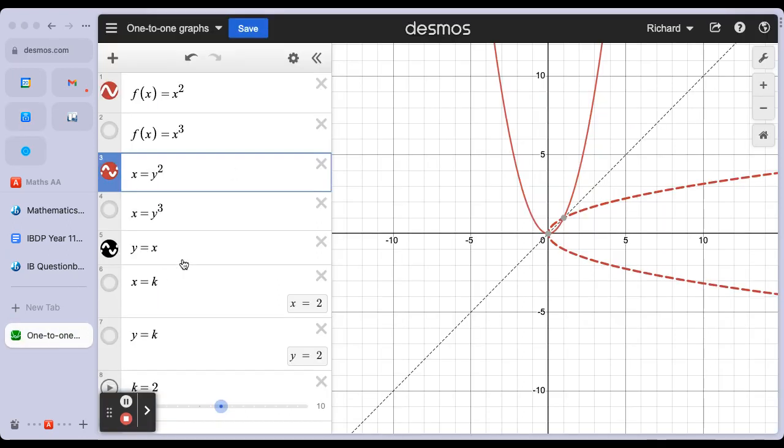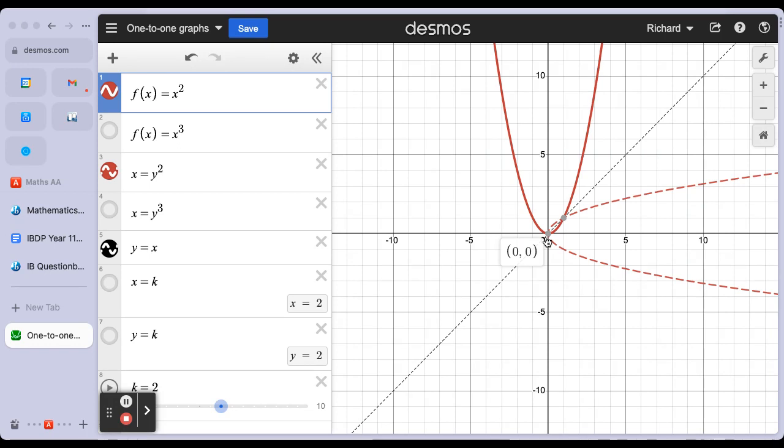So back to here for a second. So the domain at the moment is all real x, and the range is all positive y, and 0 for the red one. Get rid of the extraneous detail so you can see it.